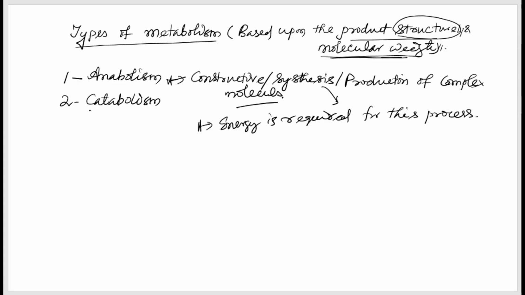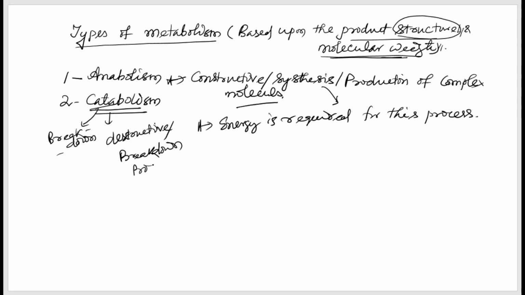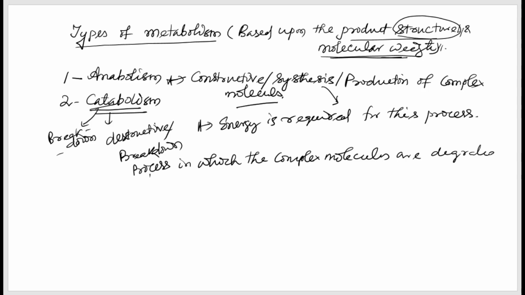Whereas in the case of the catabolism process, kata means breakdown, so it's a destructive or breakdown process, in which the complex molecules are degraded to produce smaller molecules.